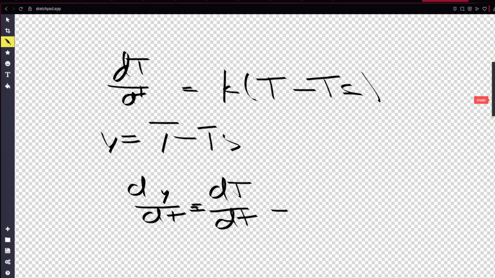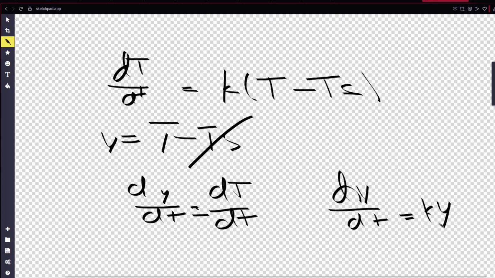So which means that the rate of change is just going to be equal to k times the difference in surrounding temperature, which is how we can get it to the form of the equation.